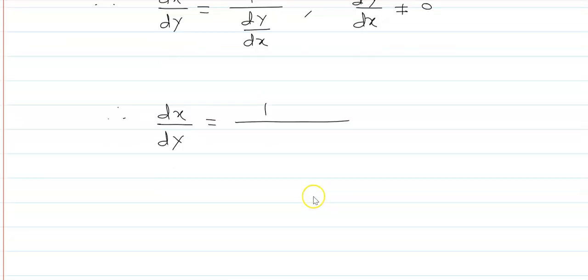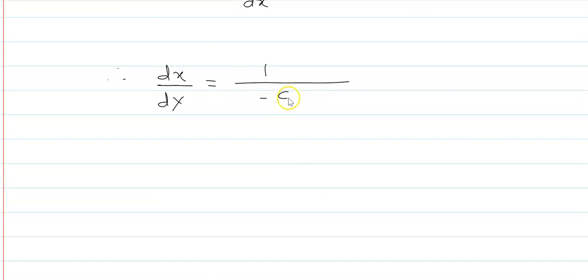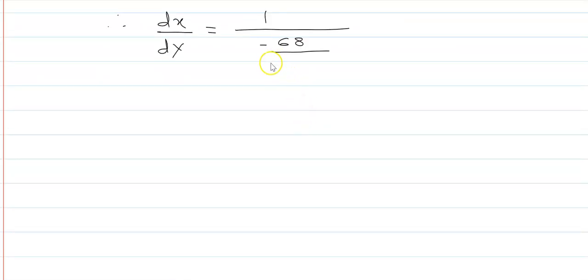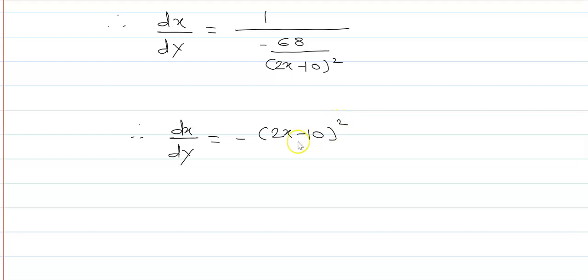What is dy by dx? Minus 68 upon 2x minus 10 bracket square, and hence dx upon dy is equal to minus, this will become multiplied and reciprocal, and hence it is 2x minus 10 bracket square upon 68. This is the answer.